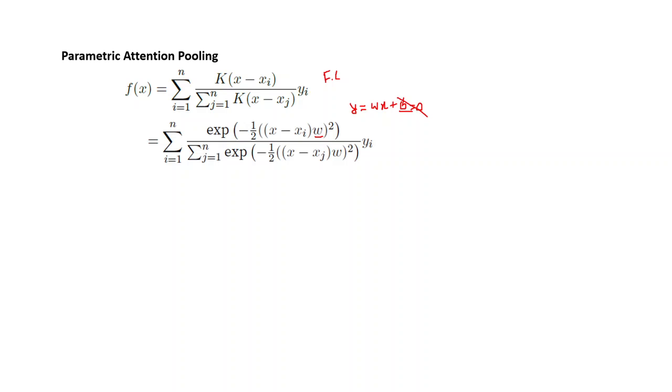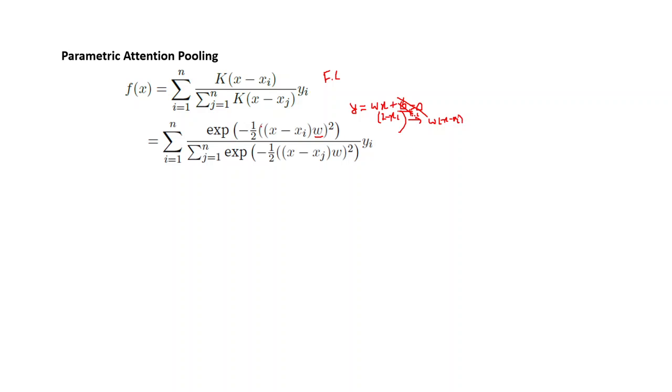So naturally, if you pass this x, in our case x minus xi, through a fully connected layer, you will get what we call a linearly transformed x minus xi, because whenever it attaches a weight to it, we call it a linear transformation.